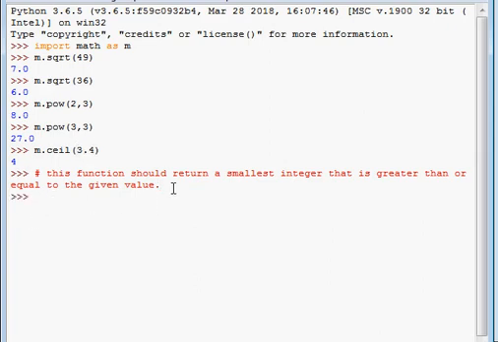Further, if you say m.ceil and in brackets 5.6, then what is happening here?